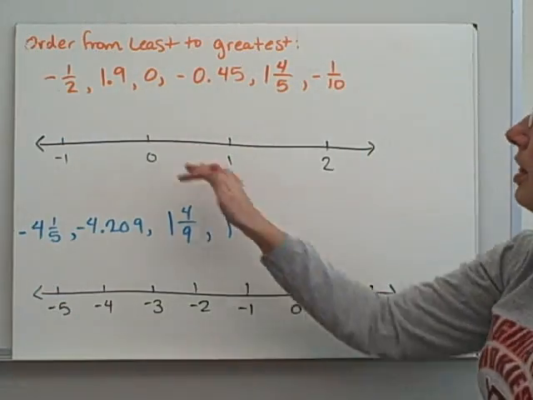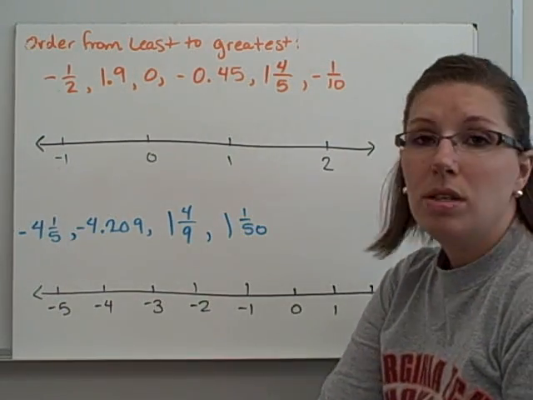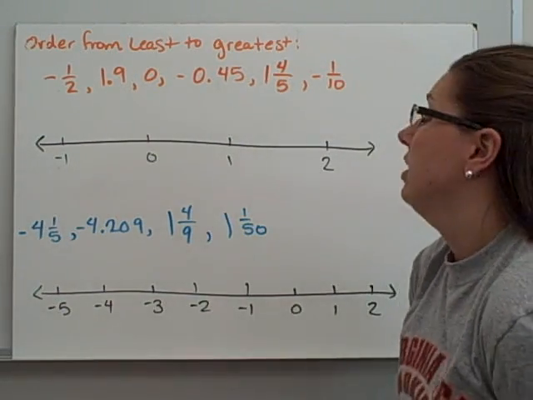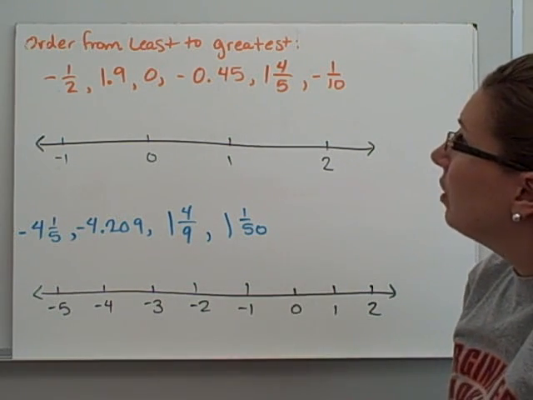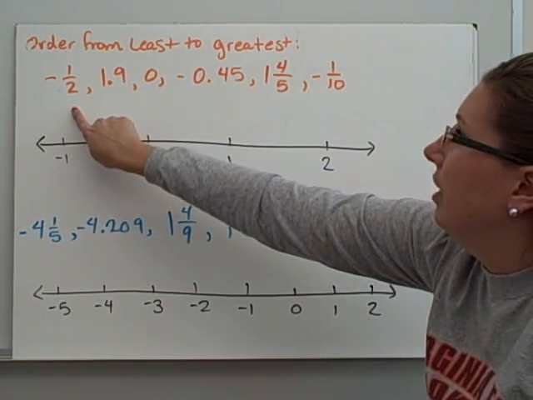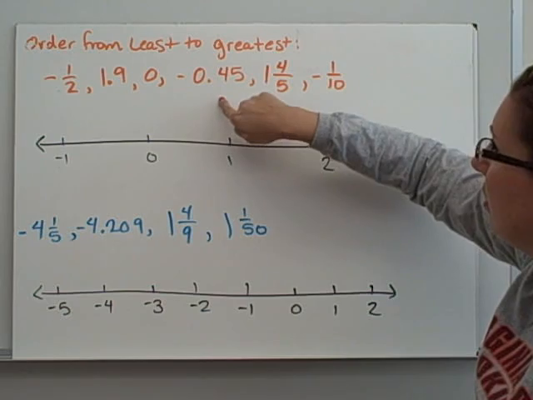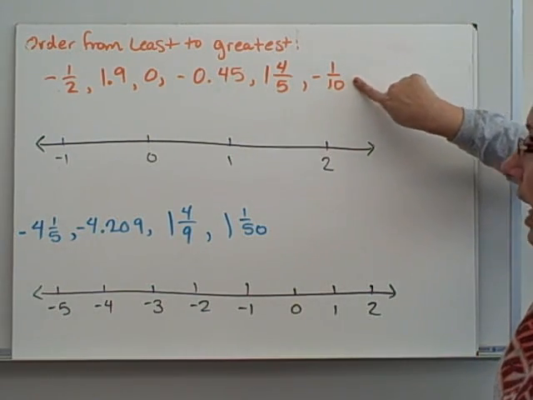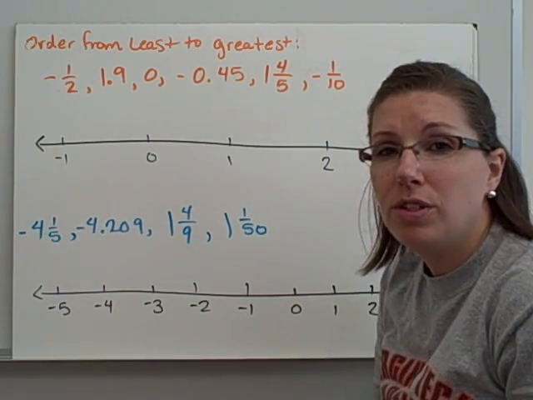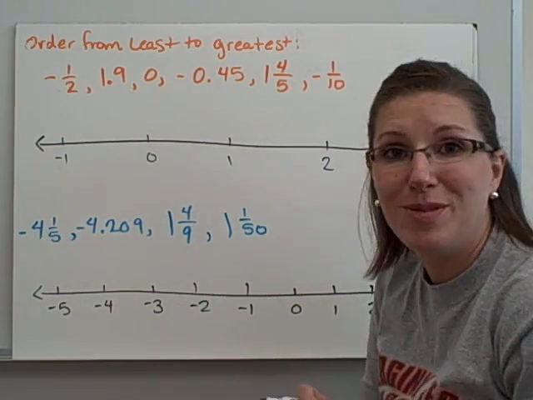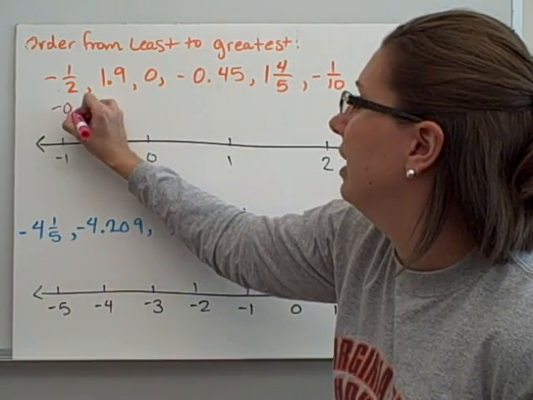Okay, so let's put these in order from least to greatest. Let's use some estimation like we did in our last problem. So let's first deal with our negatives. -1/2, -0.45, and -1/10. -1/2, again, should be one of those fractions that we already know what its decimal equivalent is.